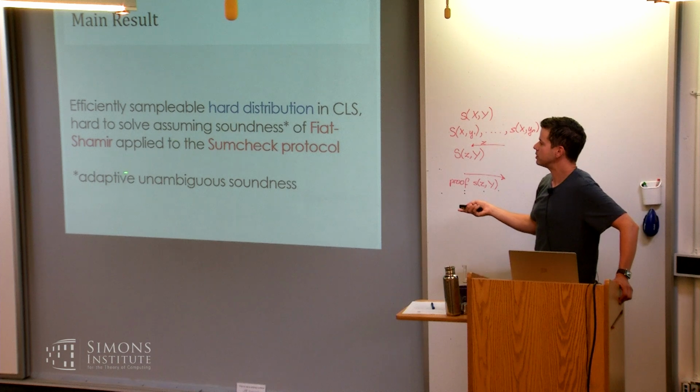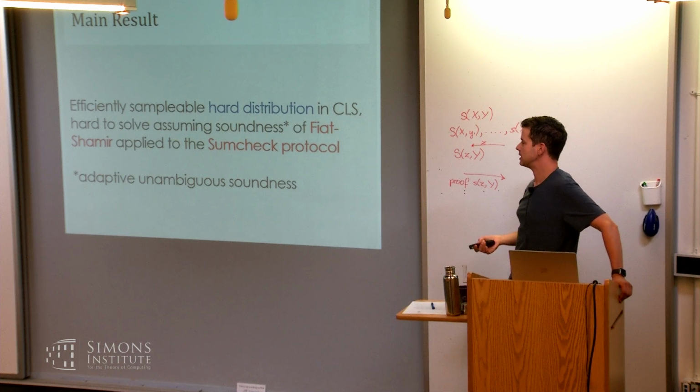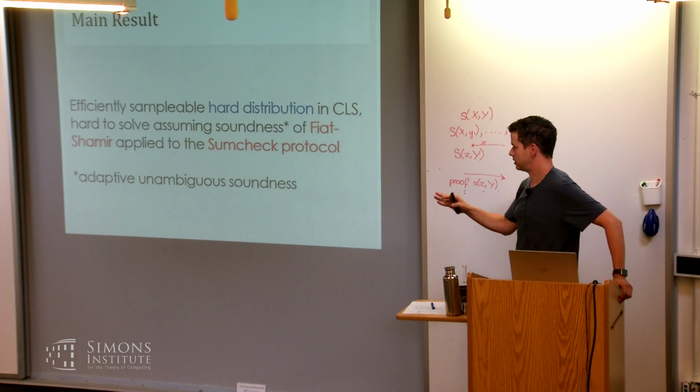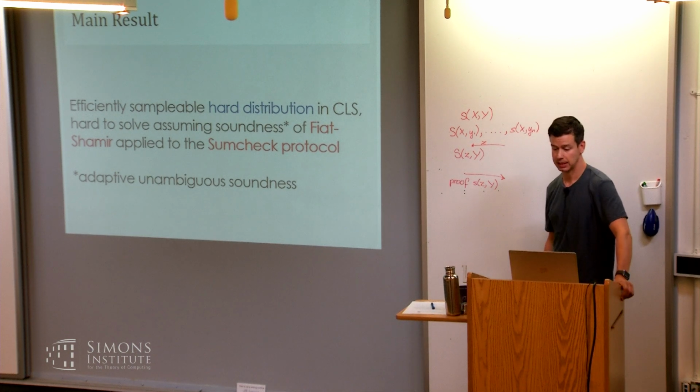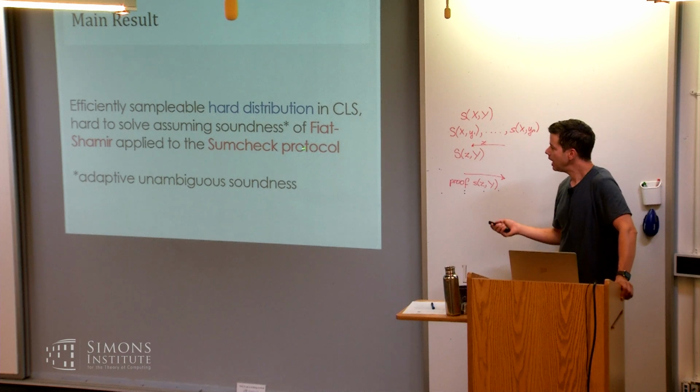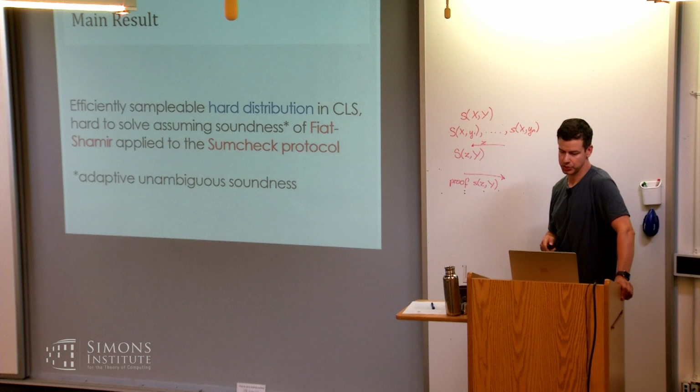And when I say sound, I mean that it's adaptively and unambiguously sound, and we'll talk about what that means much later in the talk. In a nutshell, assuming soundness of a proof system, we have a hard distribution on instances within these low complexity classes. And I just want to say a bit more about the proof system and the Fiat-Shamir transformation.